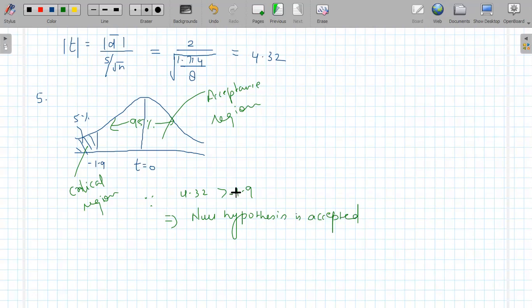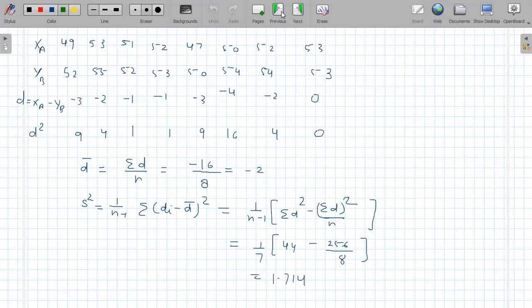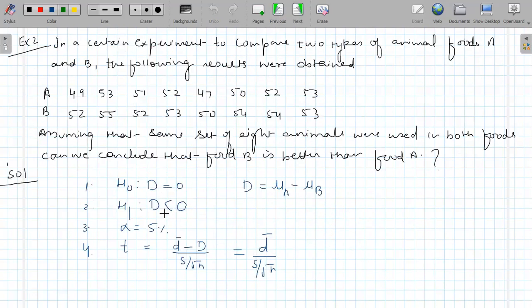Here we should write with the negative sign. That means we can say that there is no difference in both types of foods.